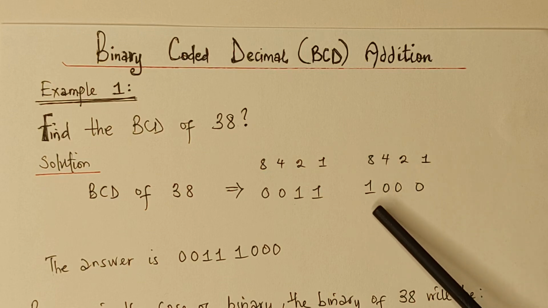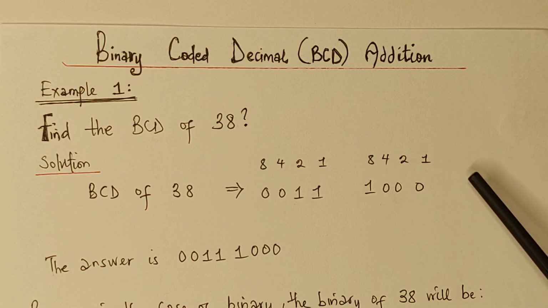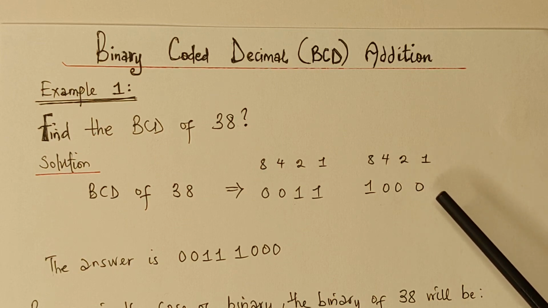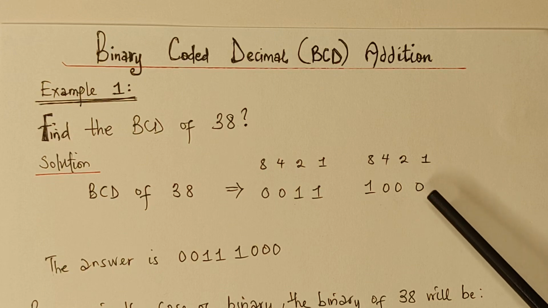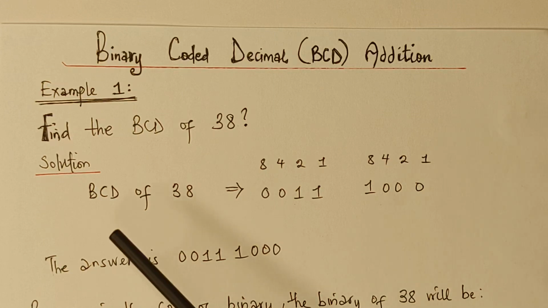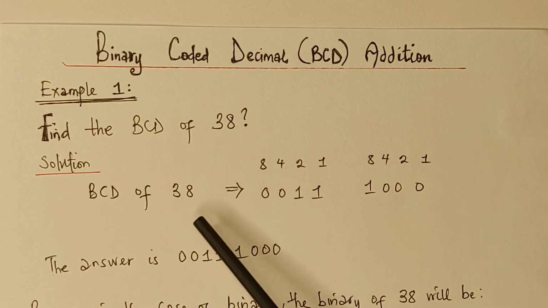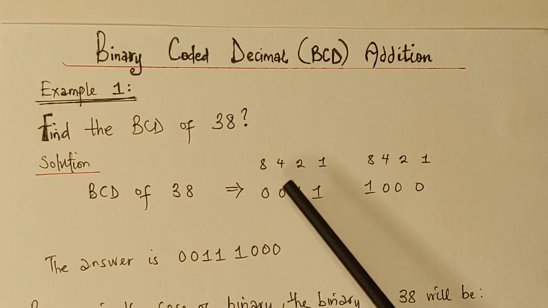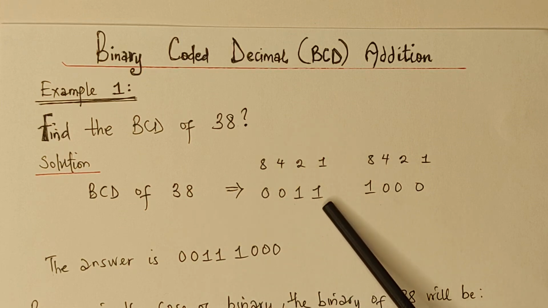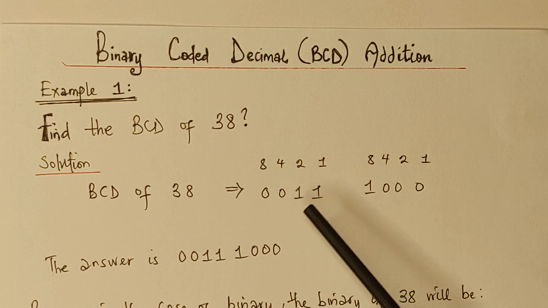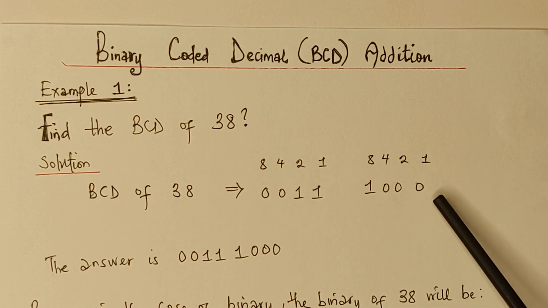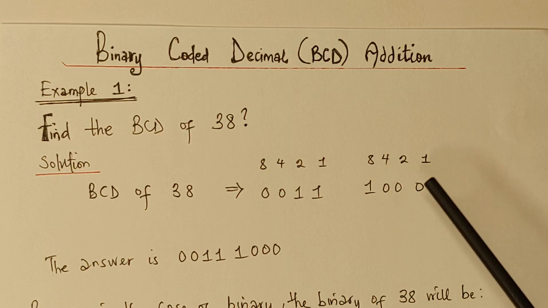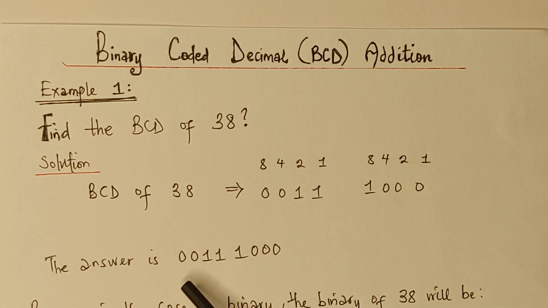It's going to be 8 since we have 8 here. So we'll have 1, while others, which then sum up to make up 8, will be zeros. So that is to say, the BCD of 38 is 0011, which represents 3, and 1000, which represents 8. So at the end of the day, our answer will be 0011 1000.